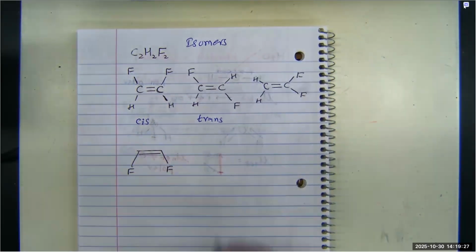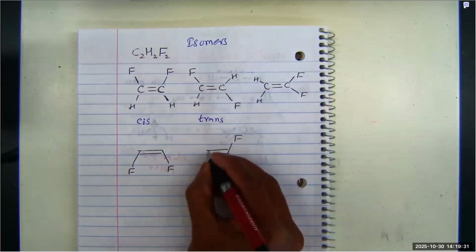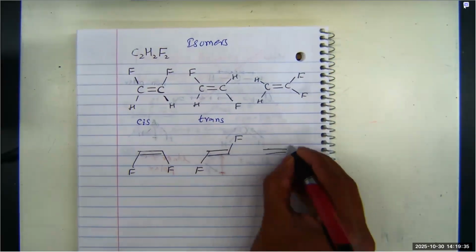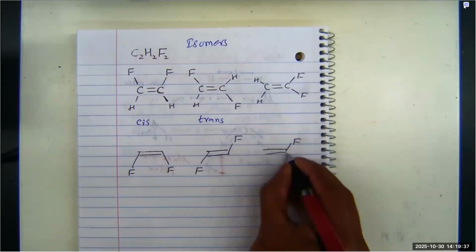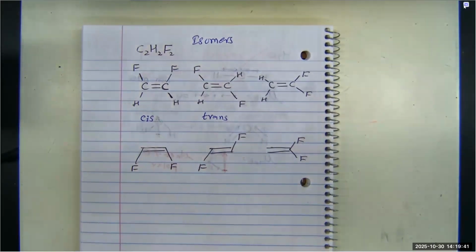I made it upside down. And here's my trans isomer, fluorine. And here's my other isomer. They're much easier and faster to draw. Therefore, I prefer line structures when I have to deal with carbon-containing compounds.